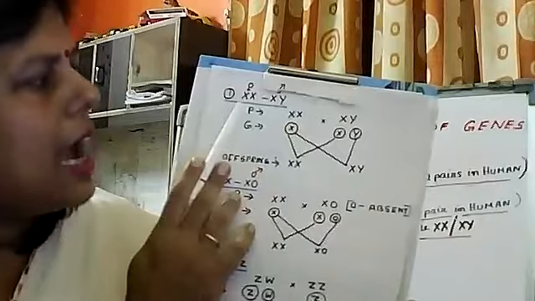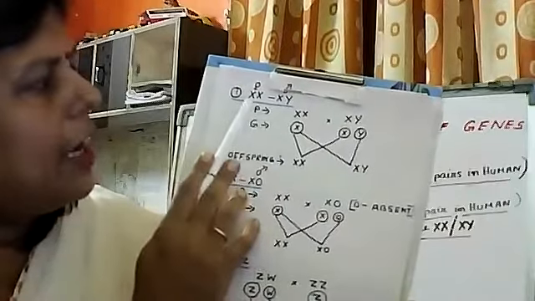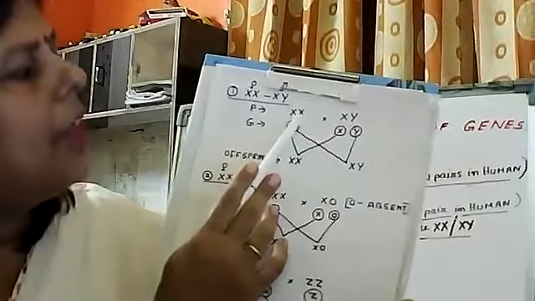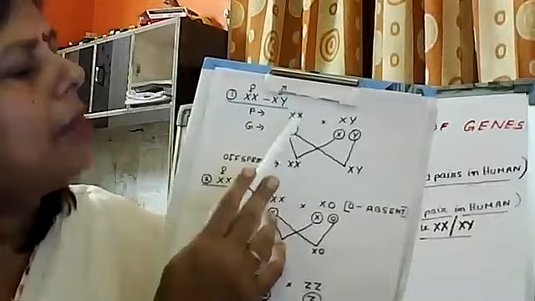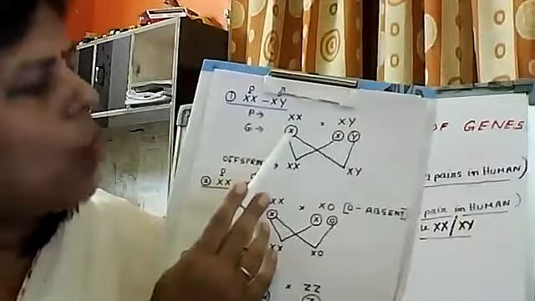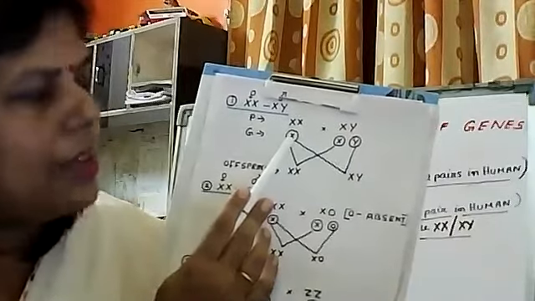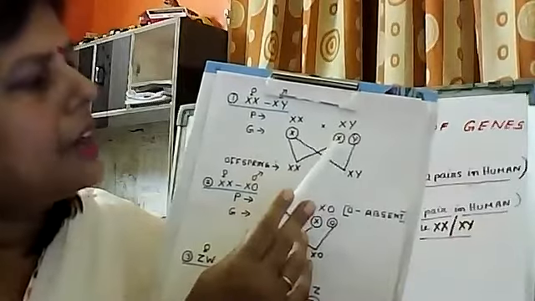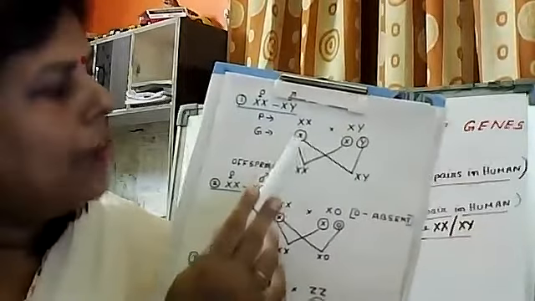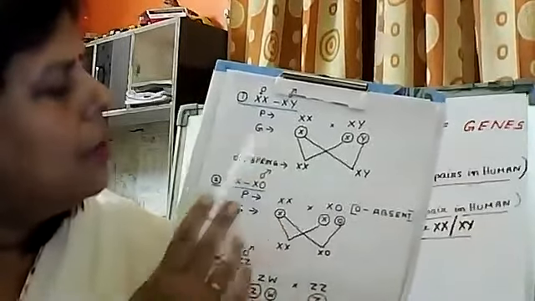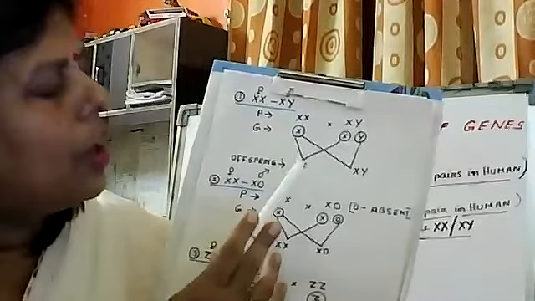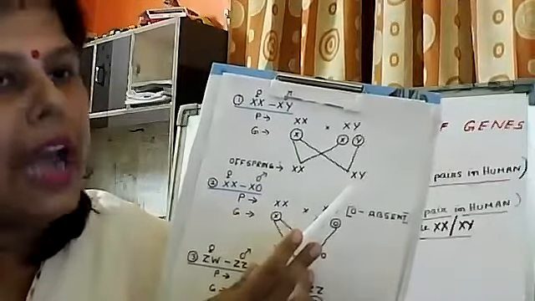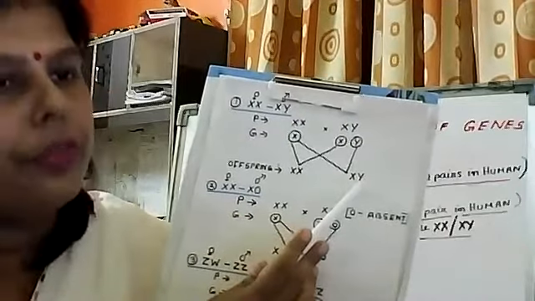In this type of determination, the female has only one type of gamete, that is X, and XY forms two different types of gametes, that is X and Y. So when crossing takes place, the chances of developing male and female are 50%, 50%.